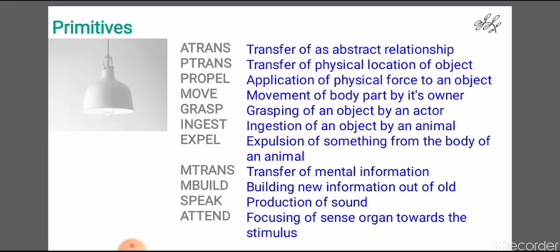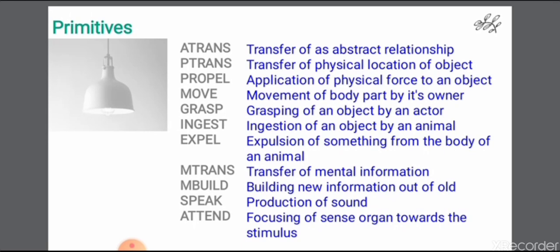Here they are. The first one is ATRANS. It is the transfer of an abstract relationship. For example, give, take, etc. Then the second one is PTRANS.